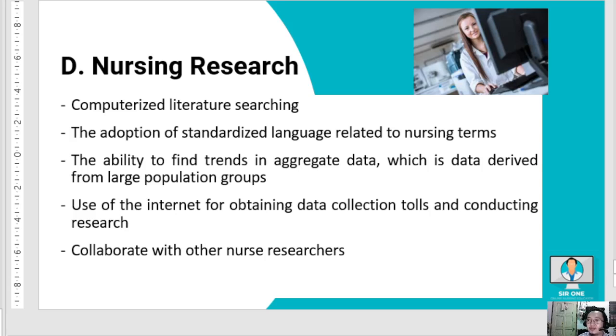The ability to find trends in data, aggregate data, which is data derived from a large population group that can be helpful to your own research, and use of the internet also for obtaining data collection tools and conducting research. Then collaborate with other nurse researchers.